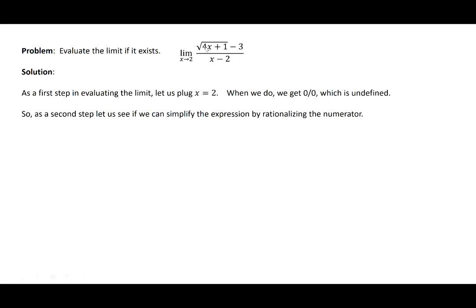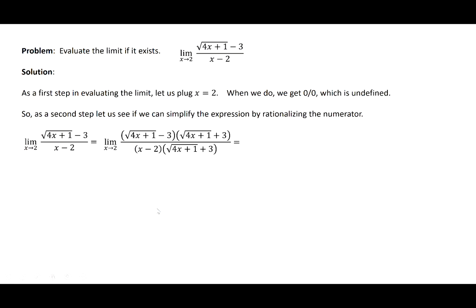We have something of the form square root of 4x plus 1 minus 3. How do we rationalize that? Well, multiply by its conjugate, square root of 4x plus 1 plus 3. If you're multiplying by something on the top, you better multiply the bottom also by the exact same thing. And that's what we will do, multiplied by the conjugate of the numerator.